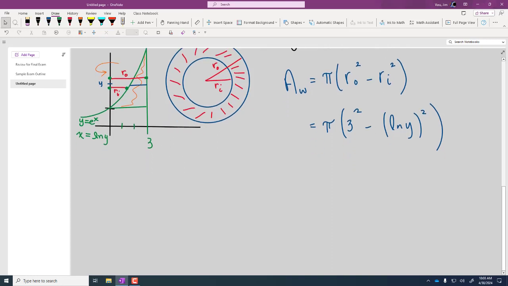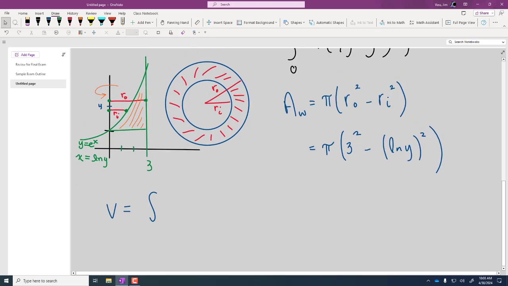And if we want to find the volume, it will be the integral from, well, if we're just doing this in here, we're not going all the way down to the origin. So that volume is from 1 to natural log of 3.